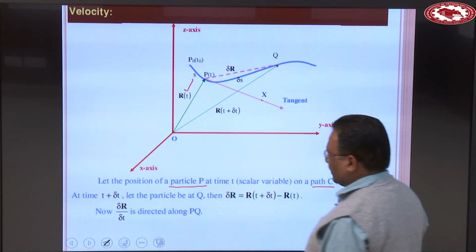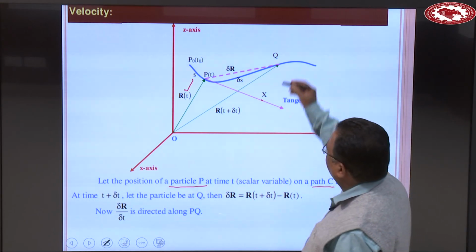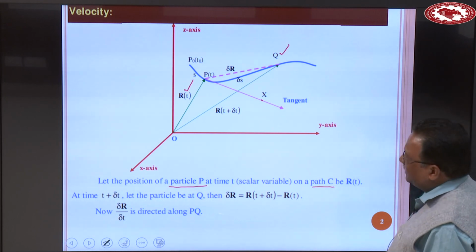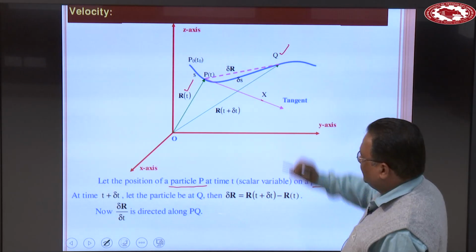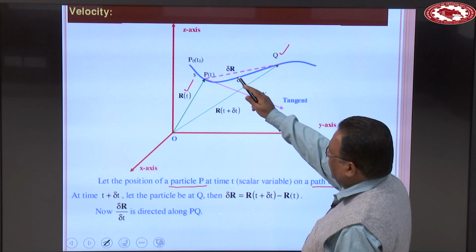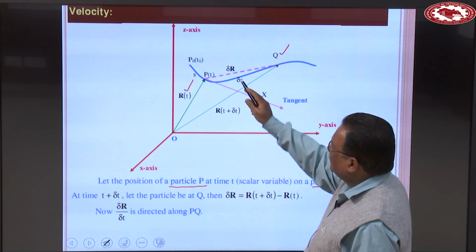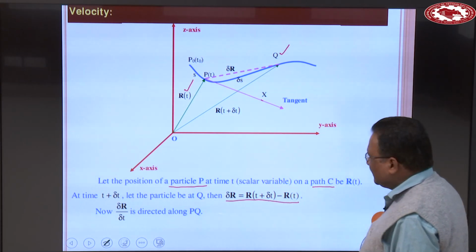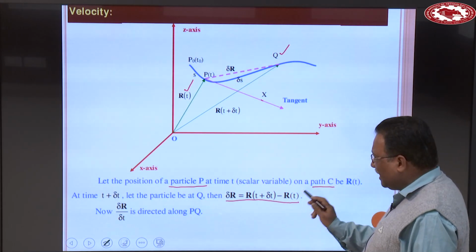At time t plus delta t, let the particle be at Q. Then delta r, when we are given the position vectors of these points, is r(t plus delta t) minus r(t).